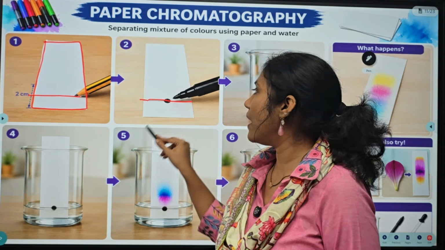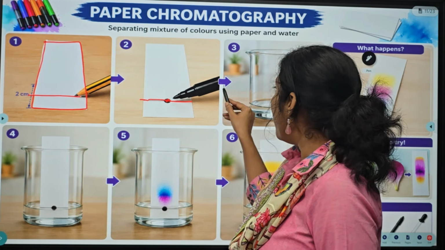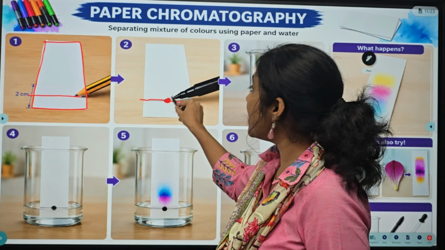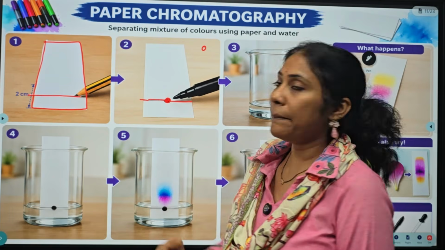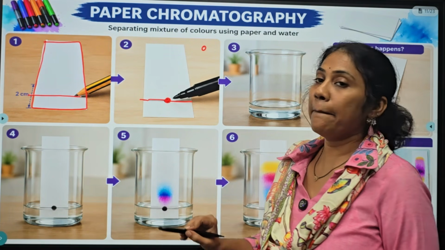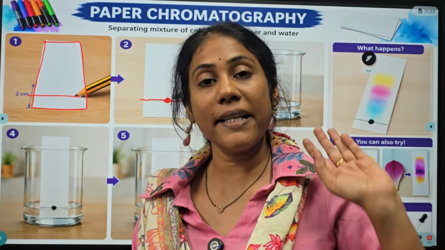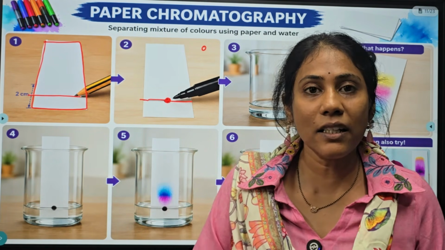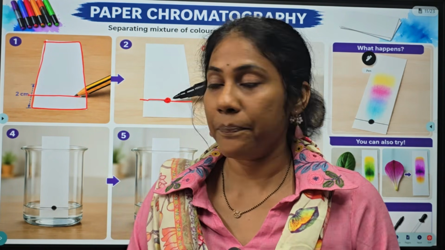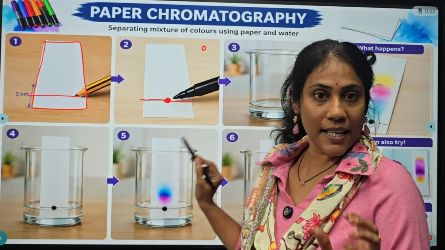That is the reference point where they will introduce the sample. Suppose you have an ink sample, in which 2 or 3 colors got mixed up. You want to know how many colors are there and what colors are there. So I am calling it a sample.